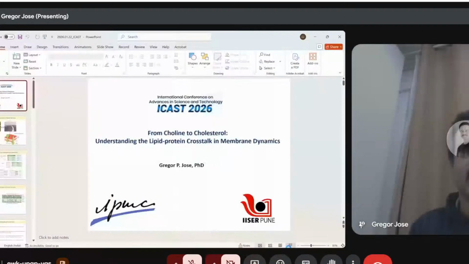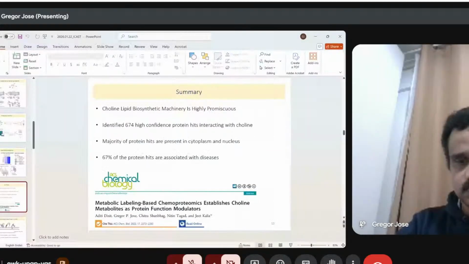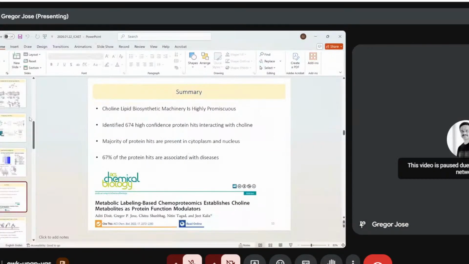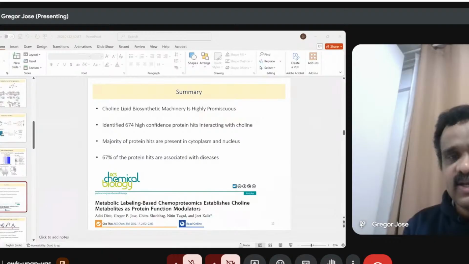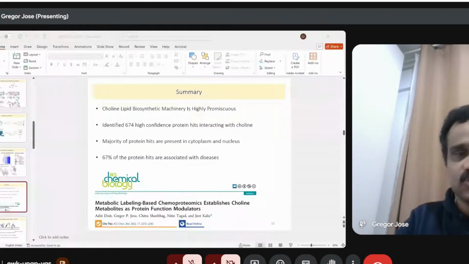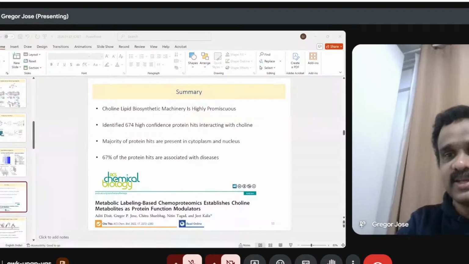What was the purpose of your work? Yeah, the idea is that in the plasma membrane or in general in cells, there are a lot of lipids. And the phospholipids, phosphatidylcholine lipids, are the most numerous, and you see the maximum percentage. Initially, people thought these lipids are just structural lipids. There is no function. As I showed you earlier, these lipids are on the plasma membrane, and it is protecting the cells from outside.